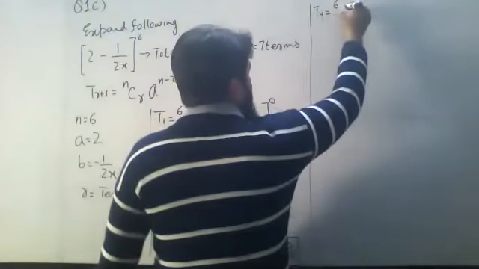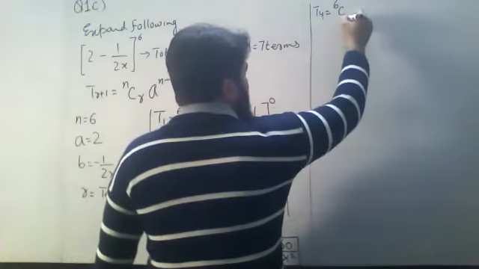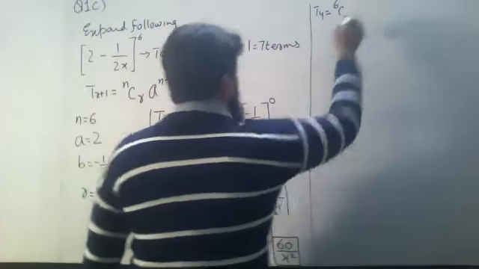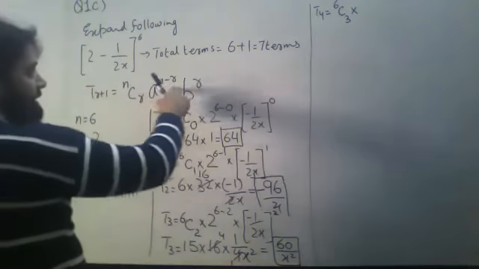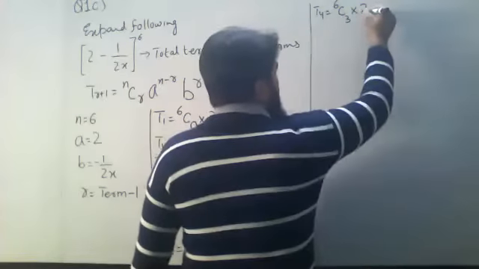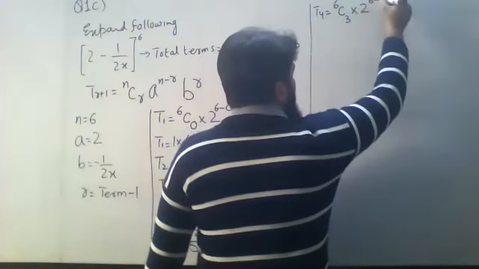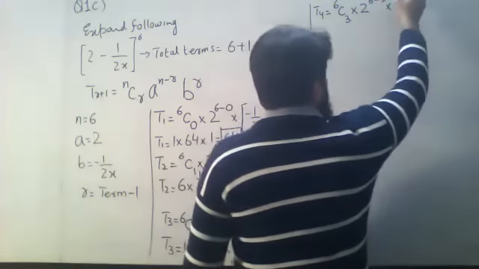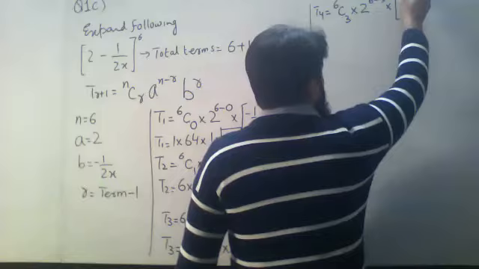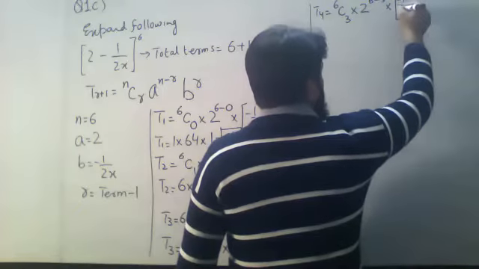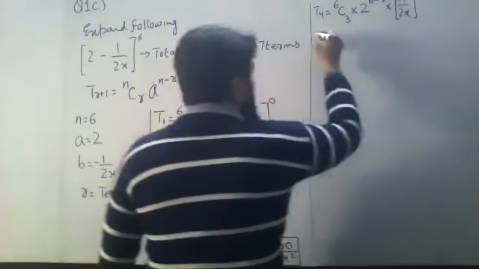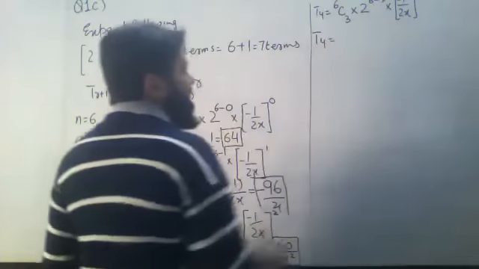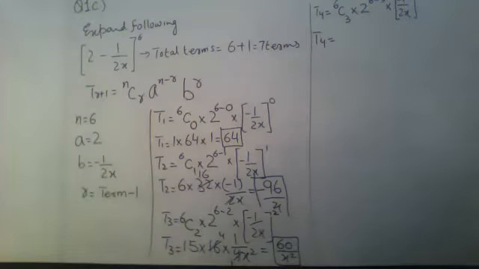So 6C, R is one number lesser. So 6C3 into A. What is A? 2 is given. N minus R, so 2 to the power 6 minus 3 into minus 1 over 2x whole power 3. Okay, this I have got. Now 6C3, I am solving it by using calculator.